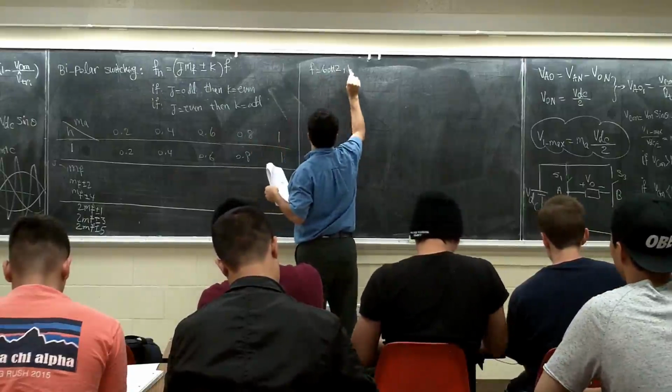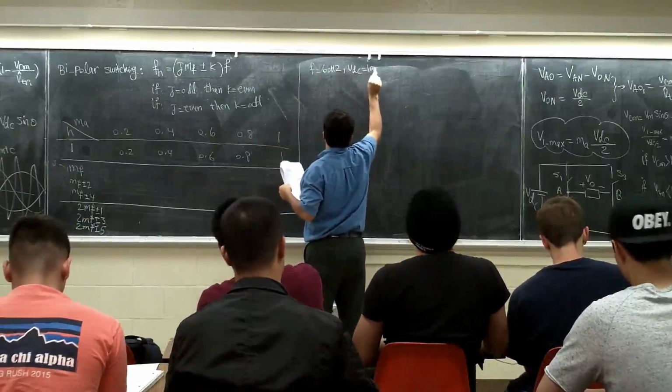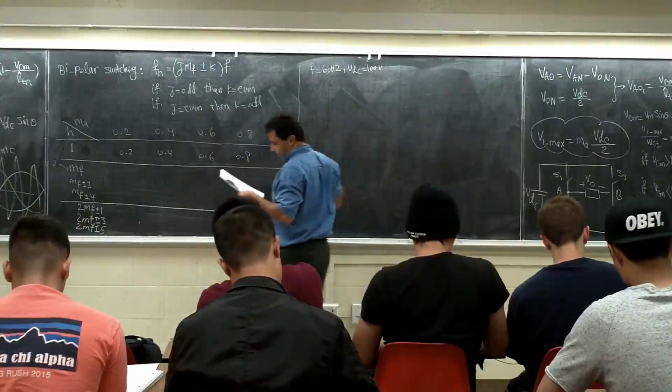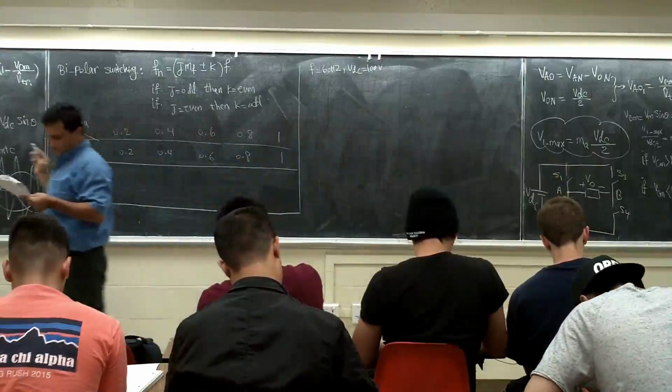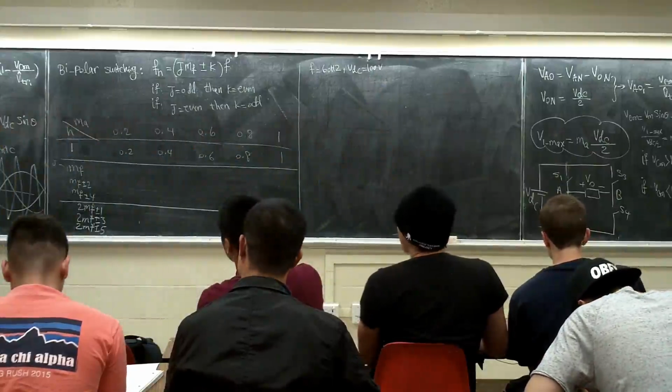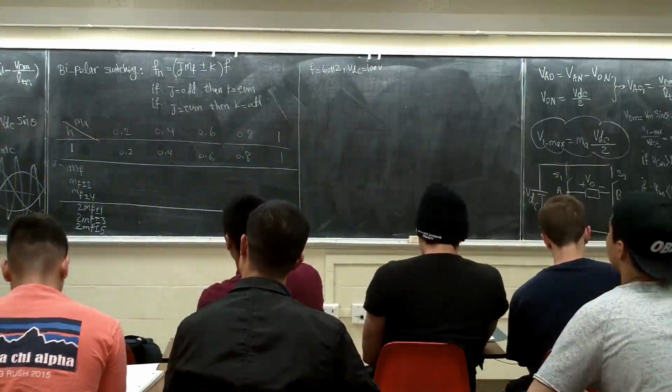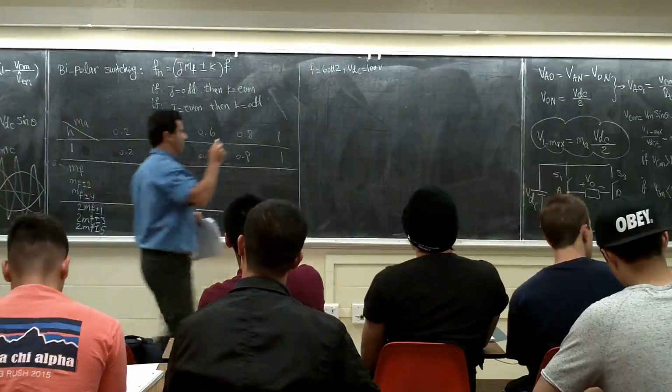It says the DC bus is 100 volt. The amplitude modulation ratio MA is 0.8. It's giving us the MA.